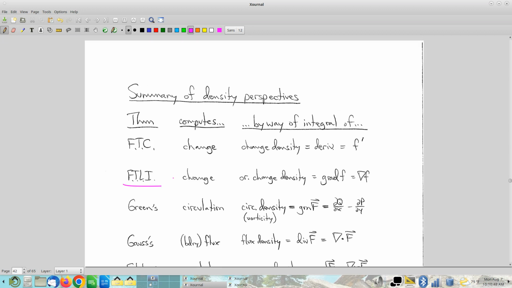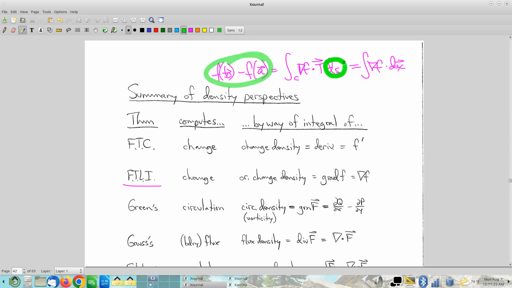We're talking about FTLI, and f of b minus f of a is an integral over the curve in question of gradient of f dot T ds, or otherwise thought of as the integral of gradient f dot dx. So the idea is you can think of this as stuff per unit size, in which case this is literally a density. That's a scalar density because it's stuff per unit size.